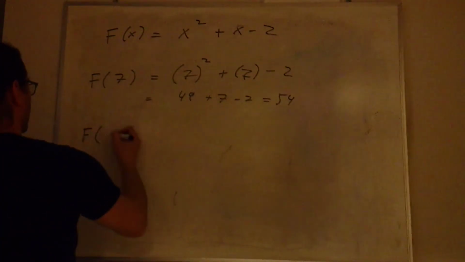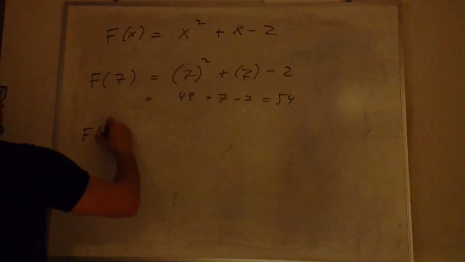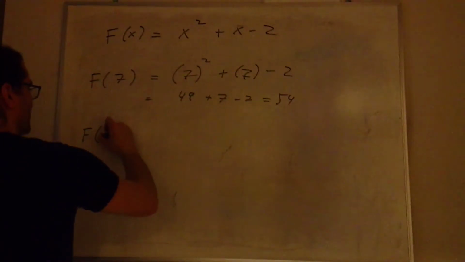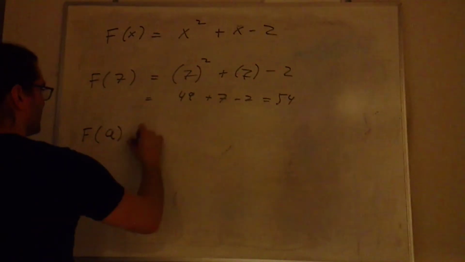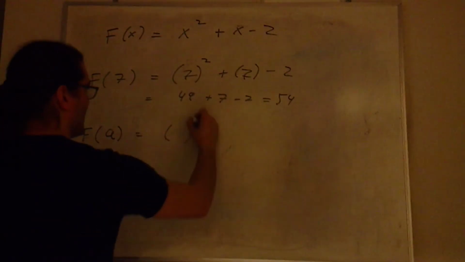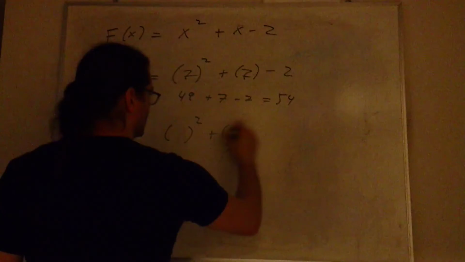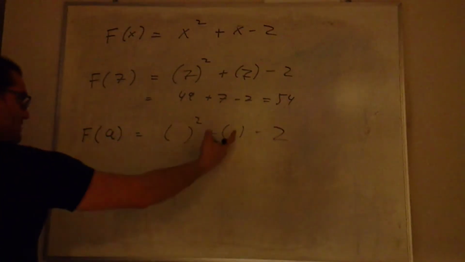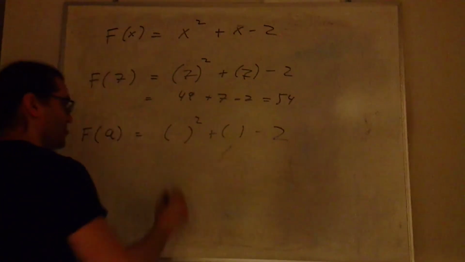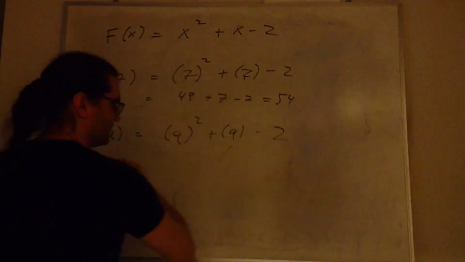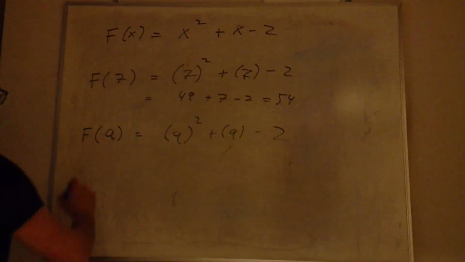The interesting thing about this is that even if you plug in weird stuff like q, it works exactly the same. f still does this same thing, squares a thing, adds a thing, subtracts 2. So you just put q in here. Now you have a function of q.